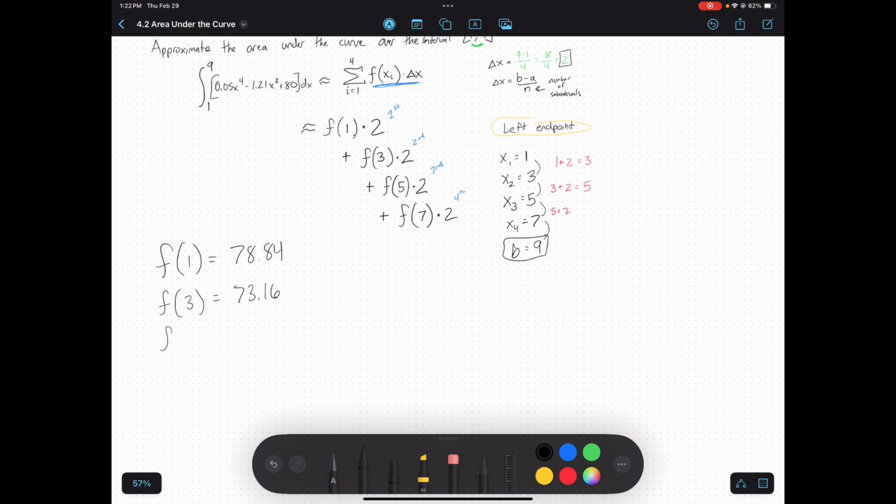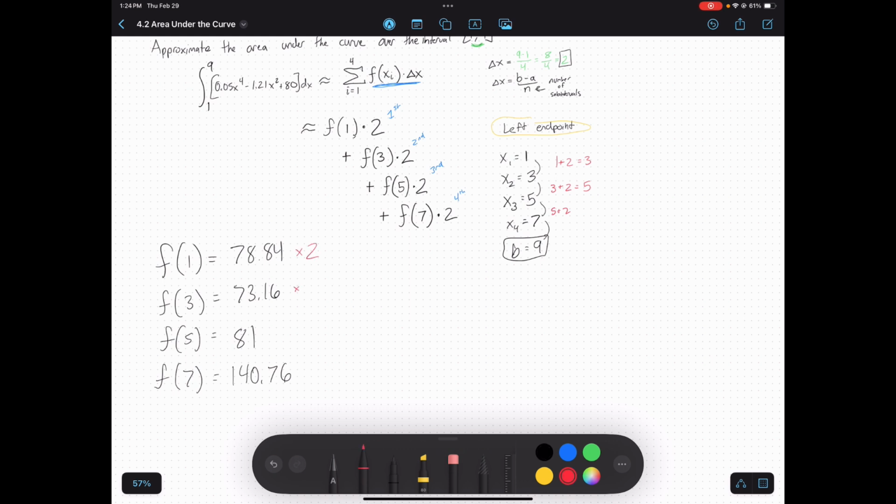When I plug 5 in, I get 81. When I plug 7 in, I get 140.76. So I now have my y values for each of those specific x values, which gives me the height of all my rectangles. So now I can multiply each of these values by 2 and add them all together.